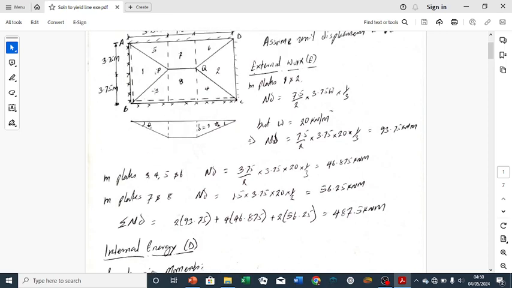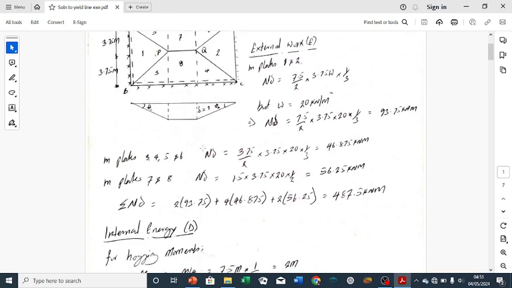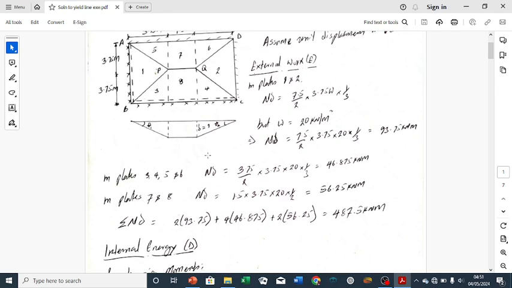So we have calculated for plate 1 and plate 2. Now you look at plate 3, plate 4, plate 5, plate 6, which are also triangles and are similar in dimension. So we are going to calculate them together.